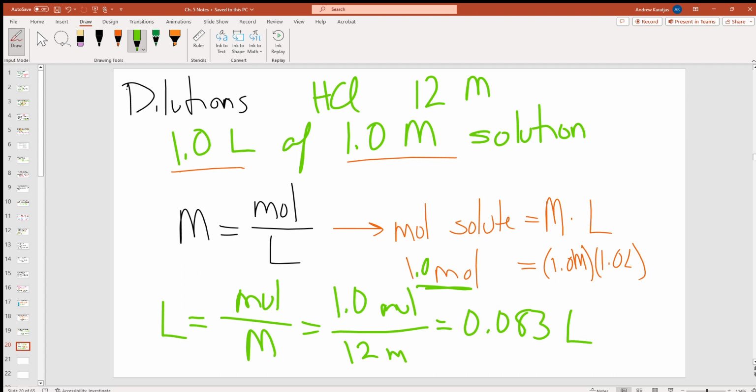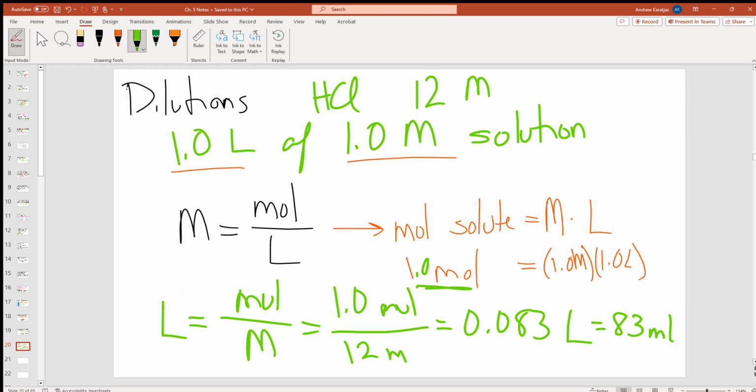So in other words, what's happening here? This 0.083 liters, which would convert to 83 milliliters, 83 milliliters of the 12 molar solution contains the same number of moles as 1 liter of a 1 molar solution.